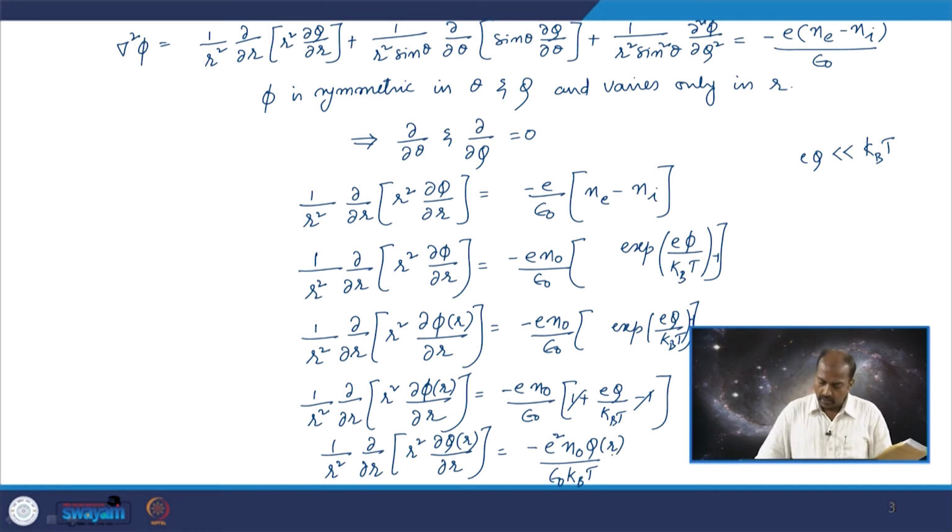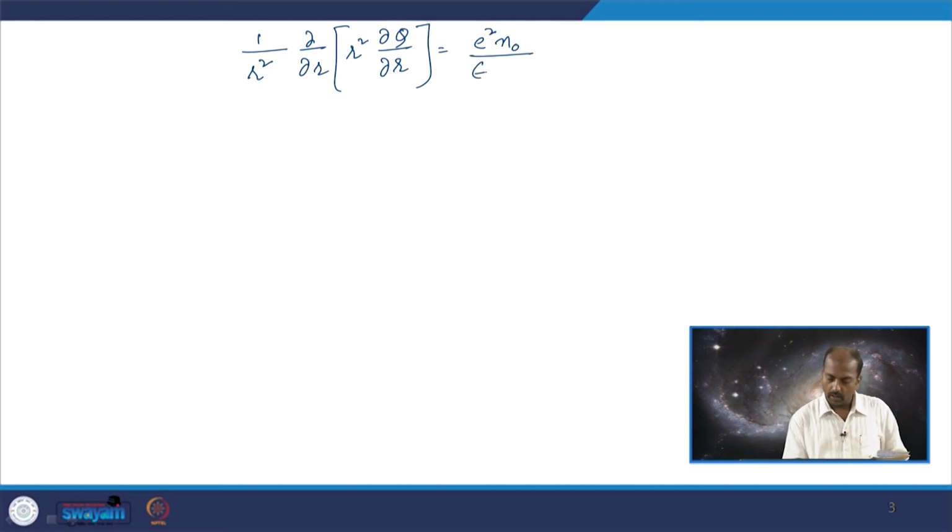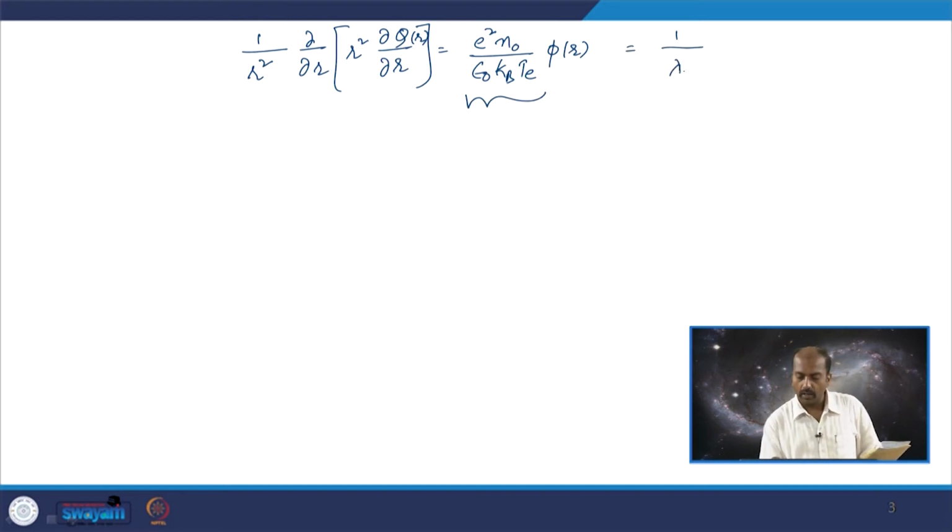Now, if you substitute the electron's charge being negative, we can write this equation as 1 by r square dou by dou r of r square dou phi by dou r is equal to E square n naught by epsilon naught kBT times phi of r. So, we can write this constant as 1 by lambda d square times phi of r.